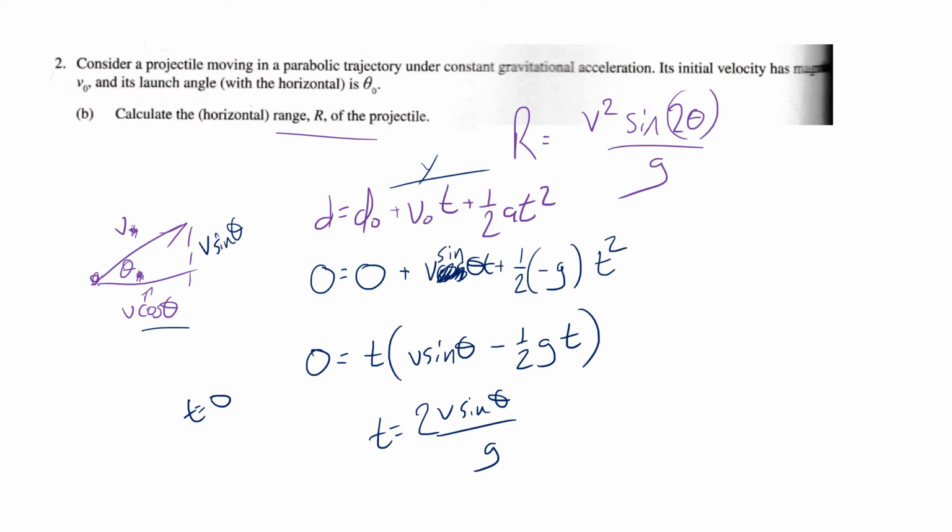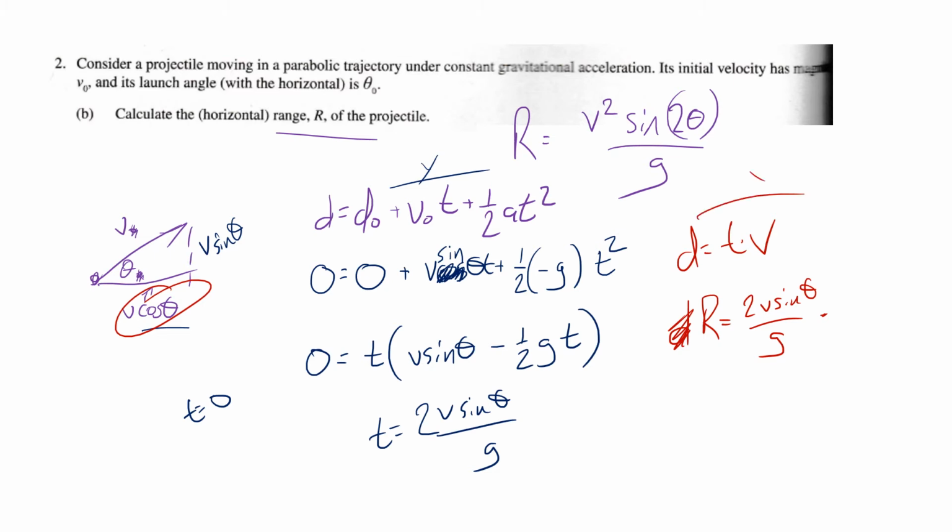And then what we're going to do now is we're going to figure out how far it goes in that time. Because distance is equal to time times velocity. All right, so distance, or as they call it, range, is going to equal time. Time is 2v sine theta, which you just figured out, divided by g, times velocity is this, because this is in the x direction now, so times v cosine theta.